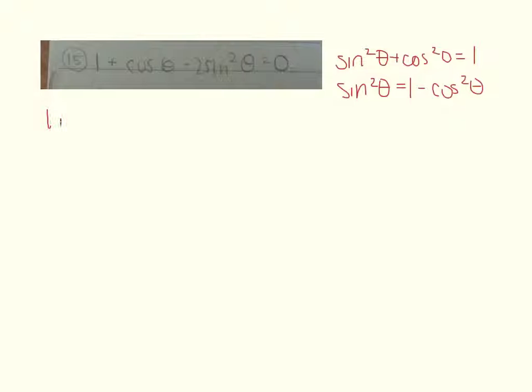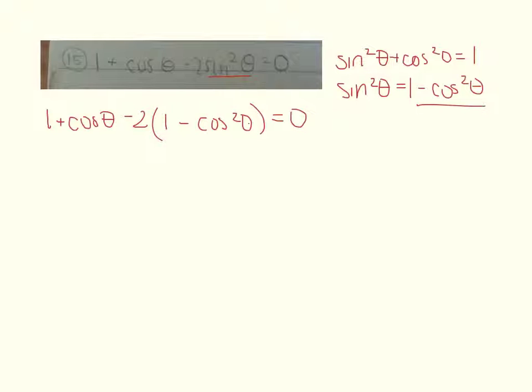So right now we have 1 plus cosine theta minus 2 times 1 minus cosine squared theta. And basically I'm taking this expression, substituting it for sine squared here, equals 0.